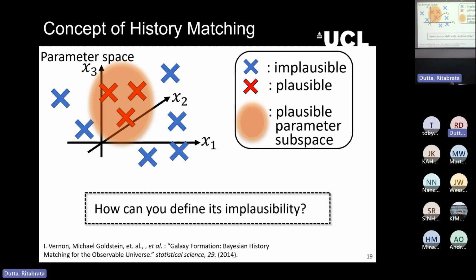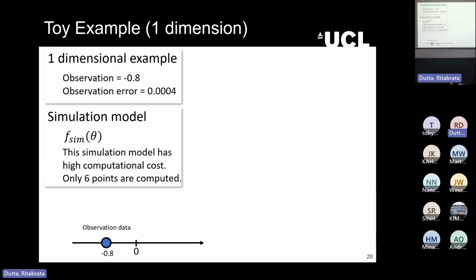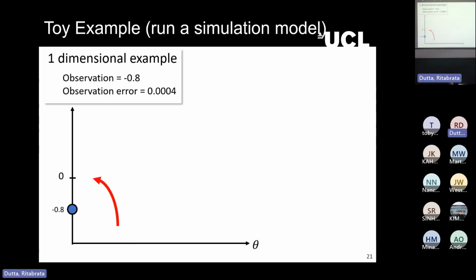This is a rough explanation using a one-dimensional experiment. You have observation data at minus 0.8 here, and you have your own simulation model, f simulation, and then you run your simulation 6 times because it's computationally expensive, so you don't want to run the simulation 7 times or 8 times, but it's not sufficient.